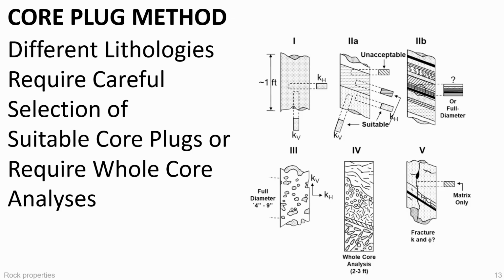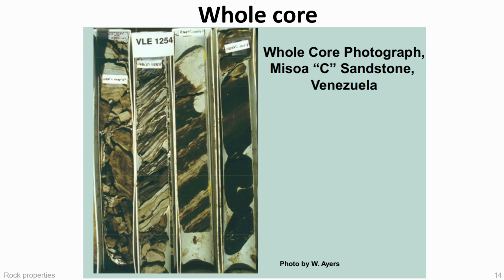Was it cleaned properly? Was confining pressure applied? Whole core tells you the truth at a larger scale. These cores preserve heterogeneity, bedding, fractures, and laminations that plugs may miss.